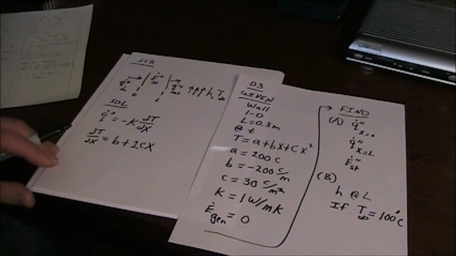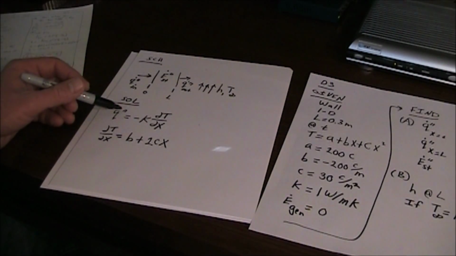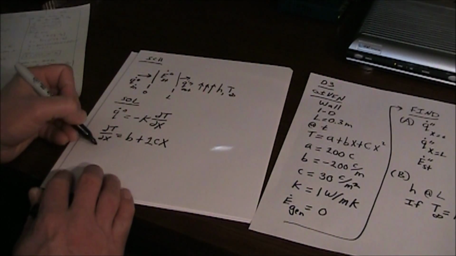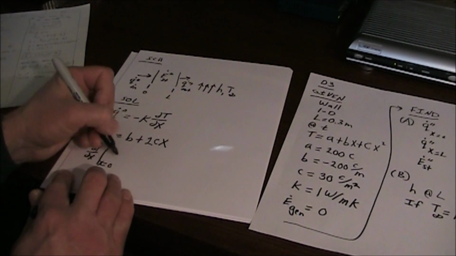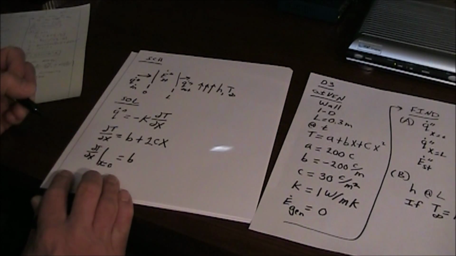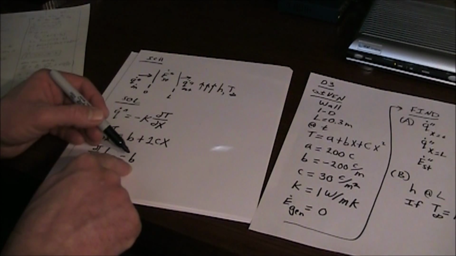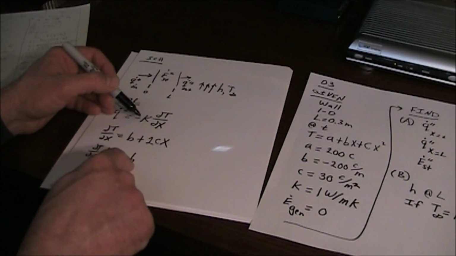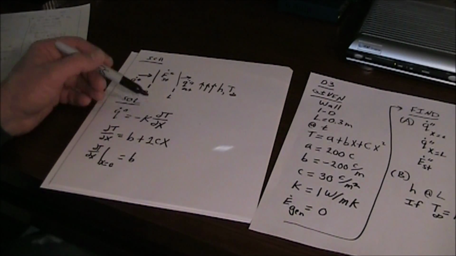Alright, so in part A, if we want the Q dot double prime at x equals 0, we would just substitute a 0 in for x. So then dT dx at x equals 0 would just be equal to B. So B is known, the conductivity is known, so we can substitute B for delta T delta x and substitute for the conductivity.